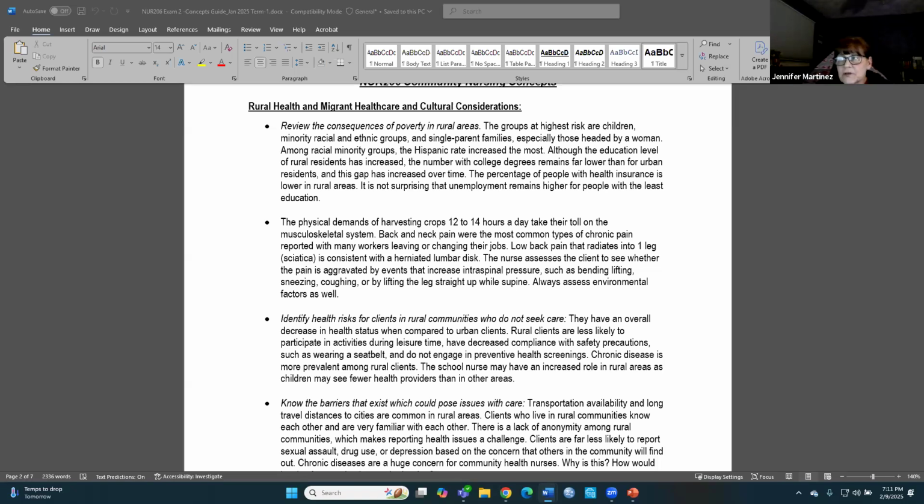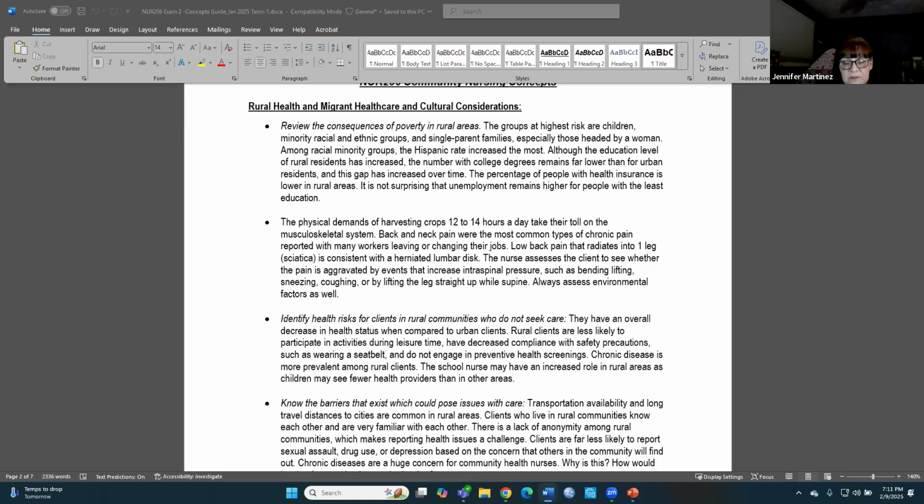We also have to look at exposure to pesticides. When we're looking at the migrant workers, they generally too will have poor living environments.